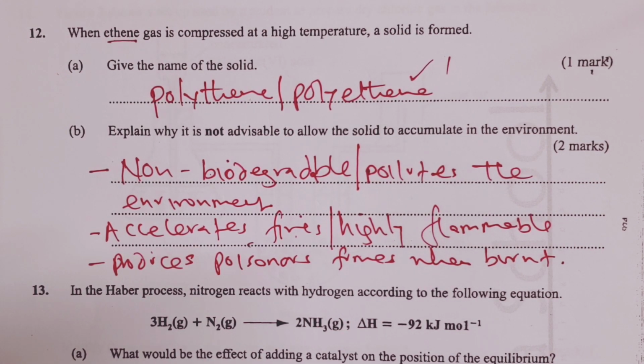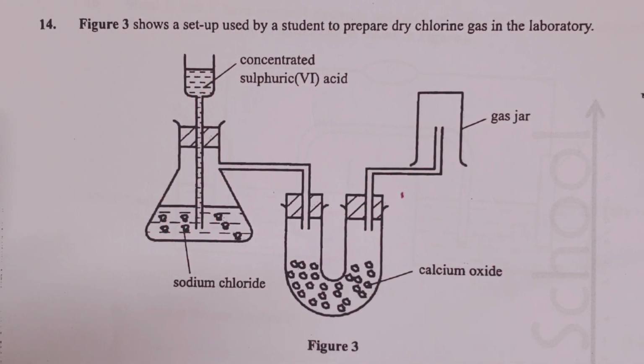We move on to question number 14, testing on chlorine and its compounds. Figure 3 shows a setup used by a student to prepare dry chlorine gas in the laboratory.